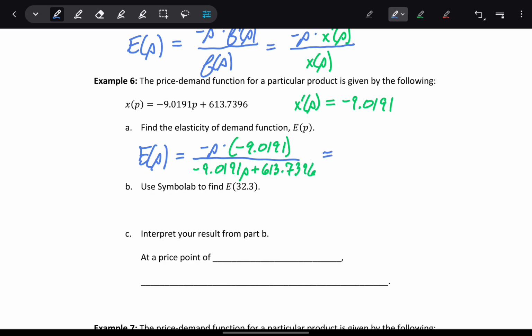And then just cleaning up the numerator a little bit, our negative times negative will give us positive 9.0191 times p over that original function.